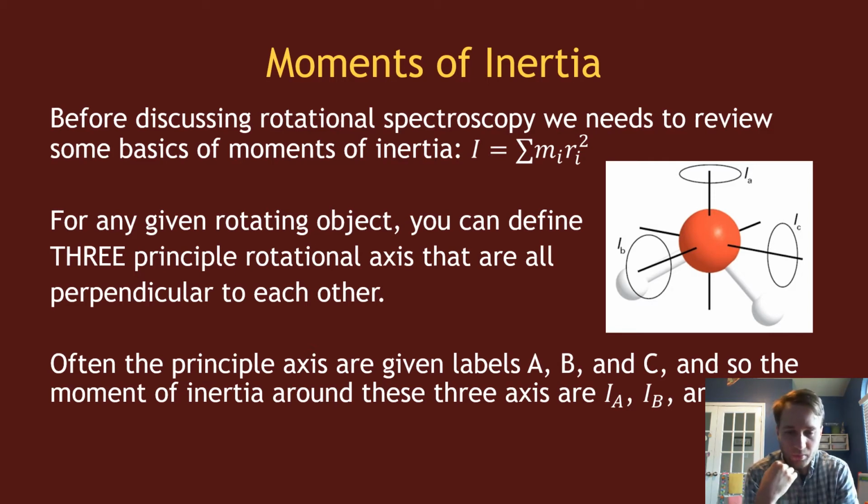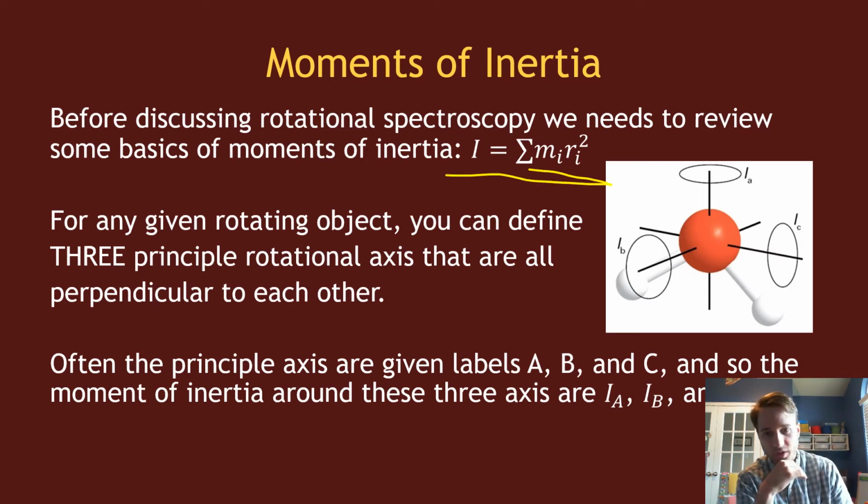But when we talk about rotational spectroscopy, we're going to talk about all sorts of different types of molecules that have all sorts of different shapes, and they will have all sorts of different moments of inertia, which can be calculated for your molecule given this formula here. M is the mass of the atom, R is the distance of the atom from the nucleus or from the origin, and so I here is this moment of inertia given by this.